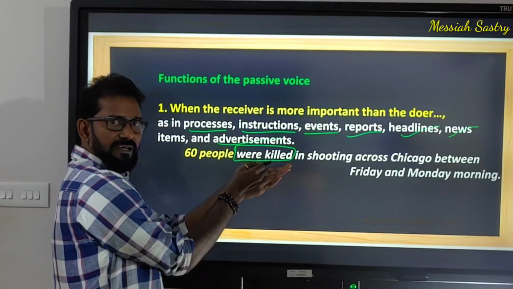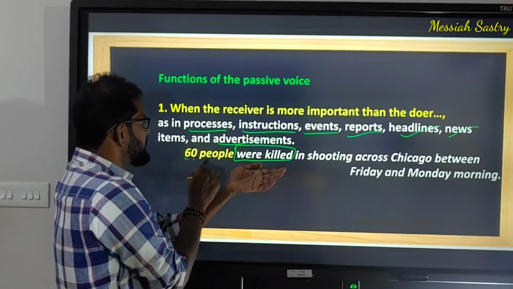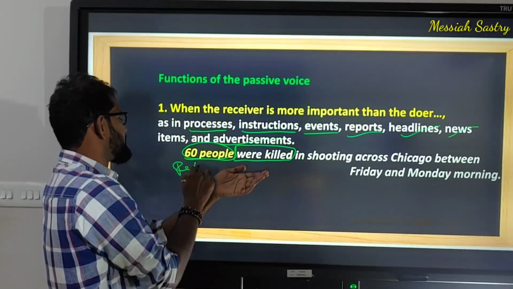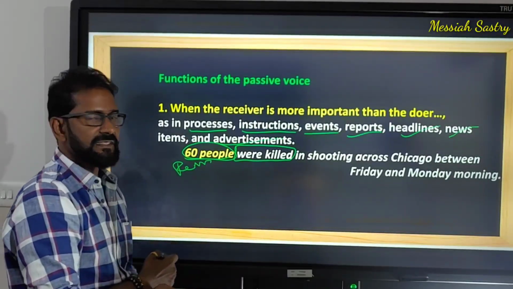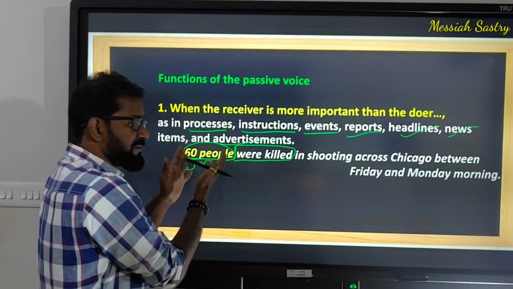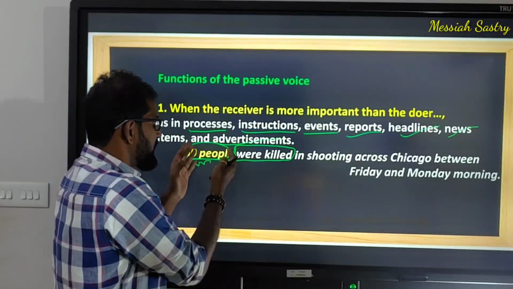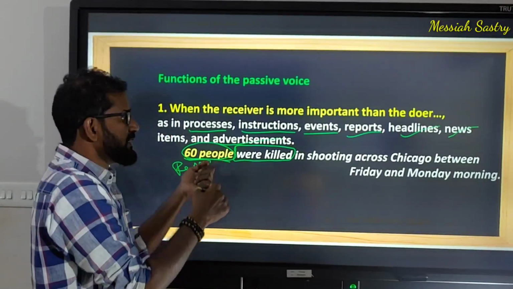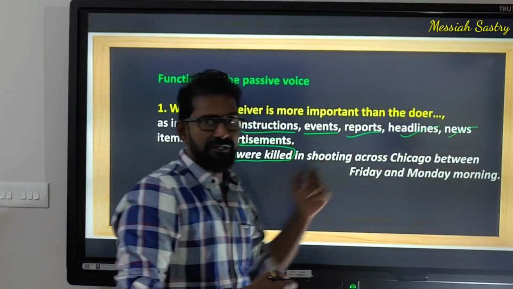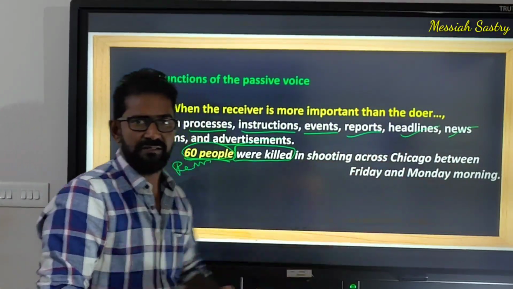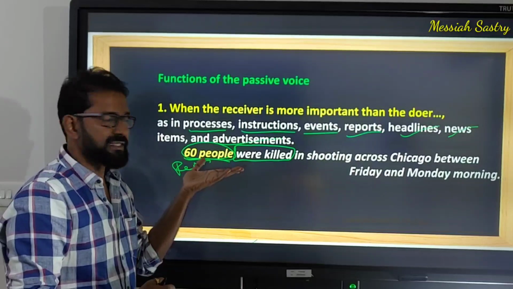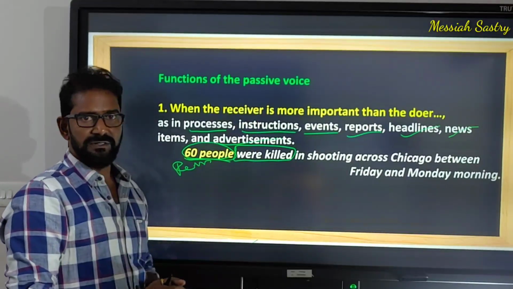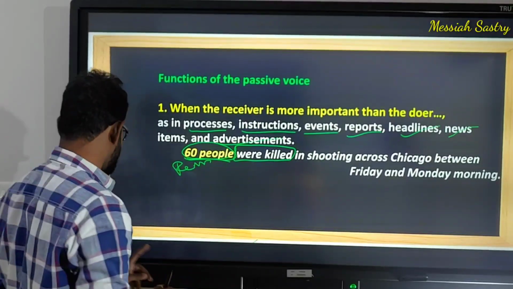This "were killed" tells us 60 people are the receivers. Here, 60 people are very important because the receiver is very important rather than the doer. The doer is not important. Receiver is important. 60 people were killed. So then we use passive voice.